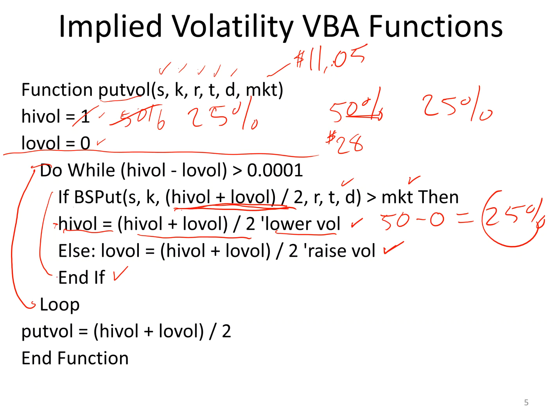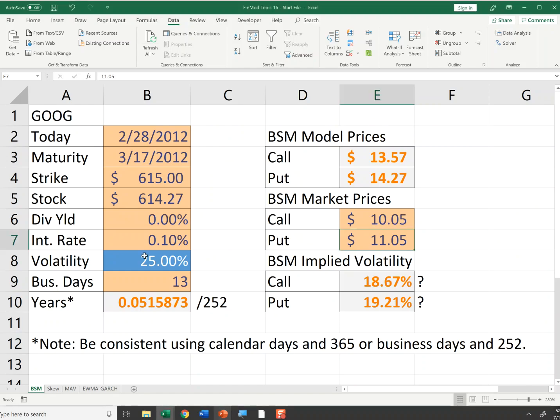It's now going to get to the end of the loop, come back up. It's now going to value the option using the average of 25, which is high vol, and 0. It's going to value the option using 12.5% as the volatility. Now you'll notice if it tries to use 12.5%, it's going to get a put price of $7, which now is too low.